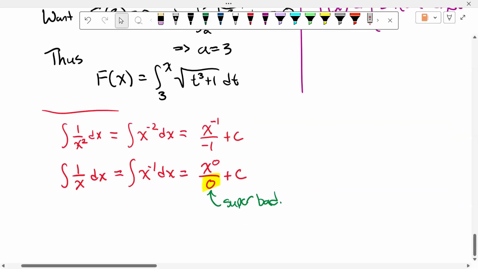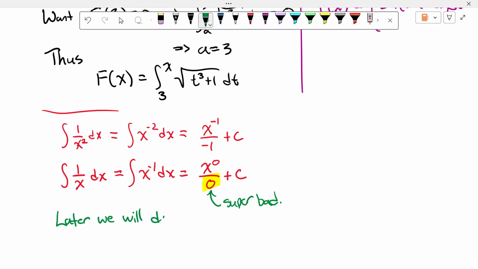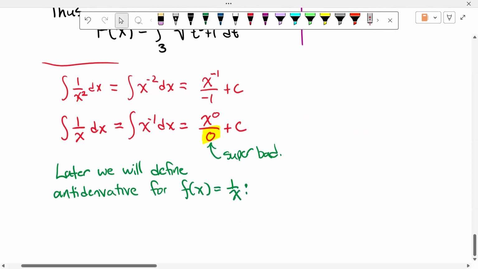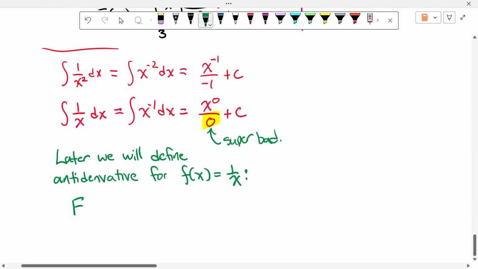And so basically what we're going to do is later we will define an antiderivative for f of x equal to 1 over x. And that antiderivative has a special name. It's called the natural logarithm.